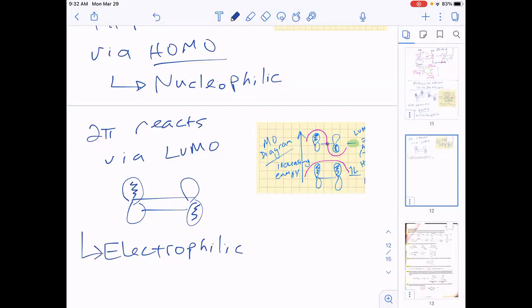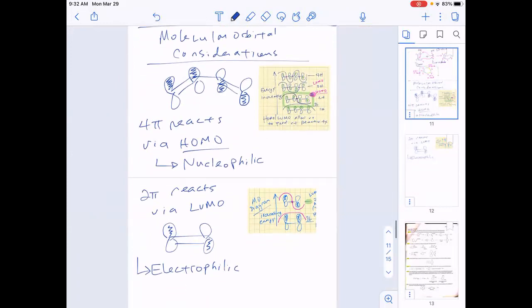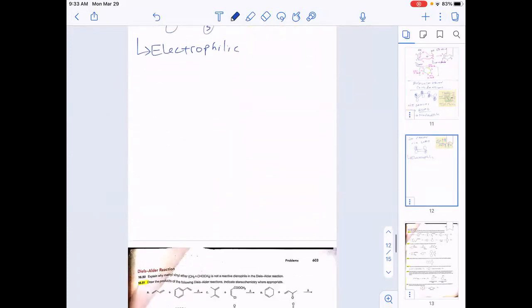All right. So now let's think about this. How do these two things come together? You got the HOMO of the diene, you got the LUMO of the dienophile, and the way they come together in the transition state is like this, right?